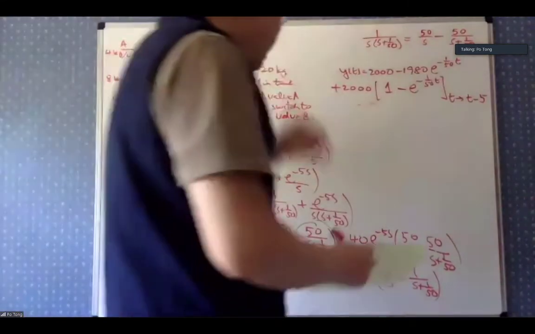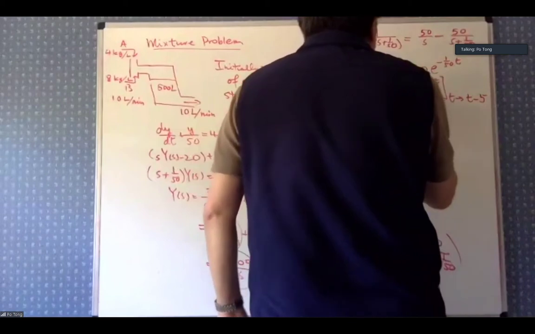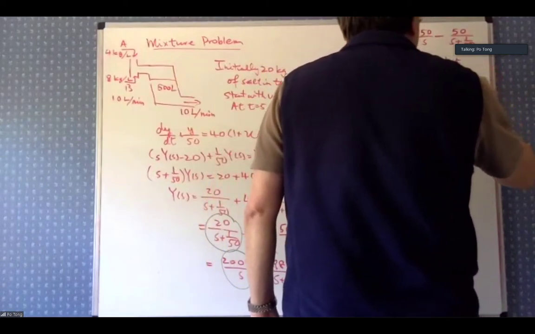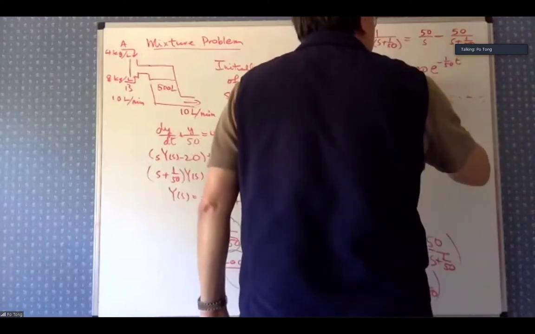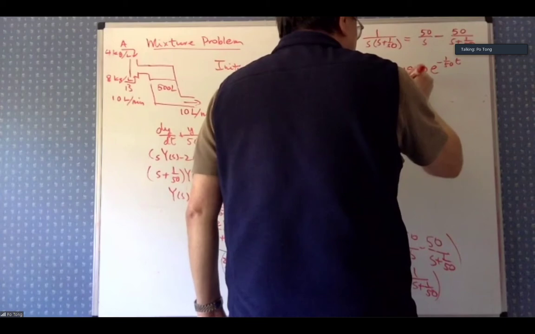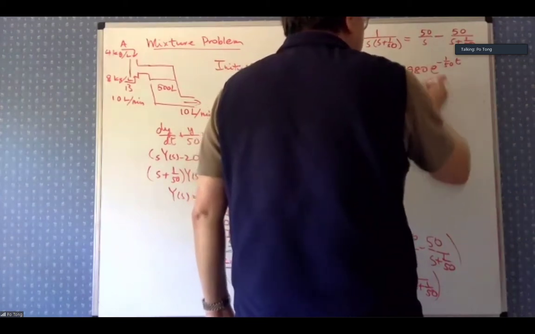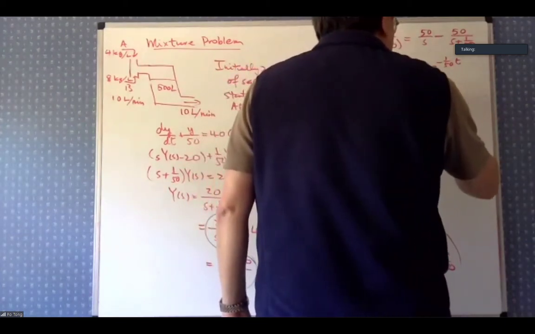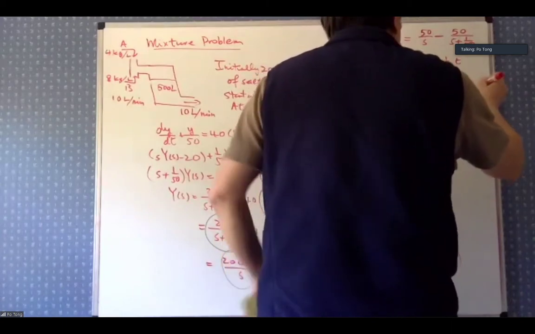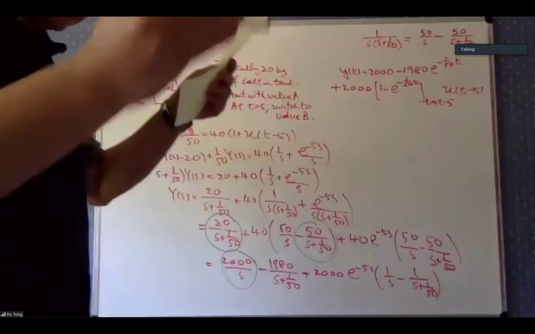And then I need to multiply this whole thing by u. I'm running out of space, so I'm going to write this smaller, okay? 1 minus e to the power minus (t minus 5) over 50, times u(t minus 5). I think that's correct. Okay?